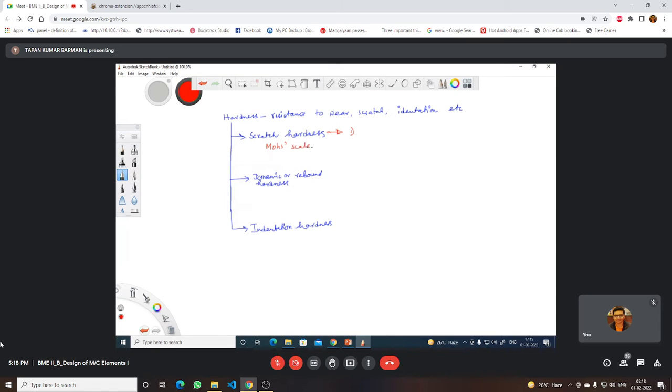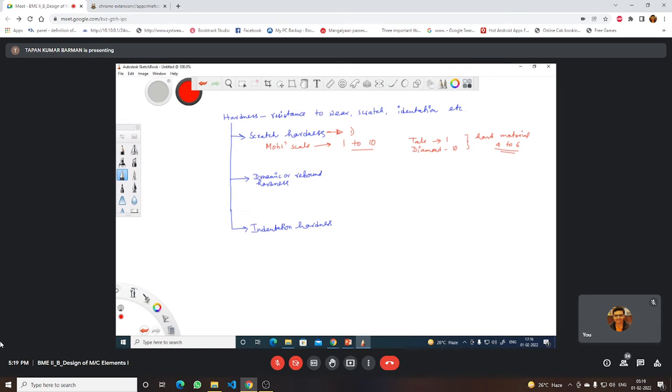Mohs scale. The value is 1 to 10, and for talc it is 1, for diamond it is 10. For different hard materials, this value may vary from 4 to 6. So this is the primary interest for the mineralogist.